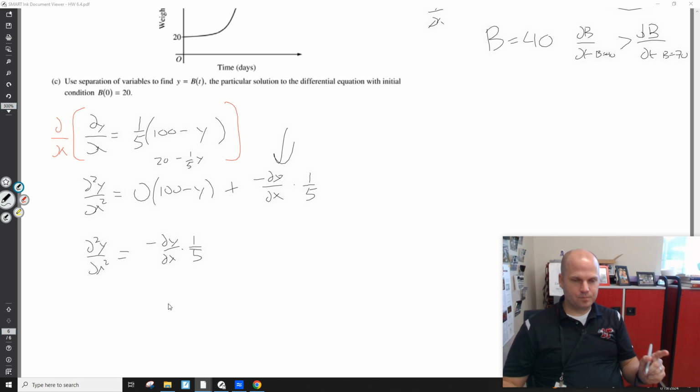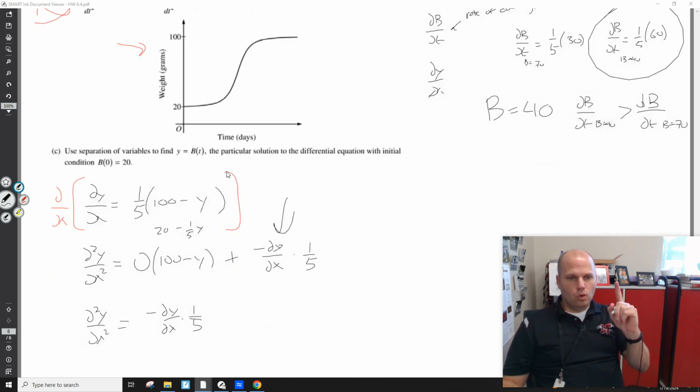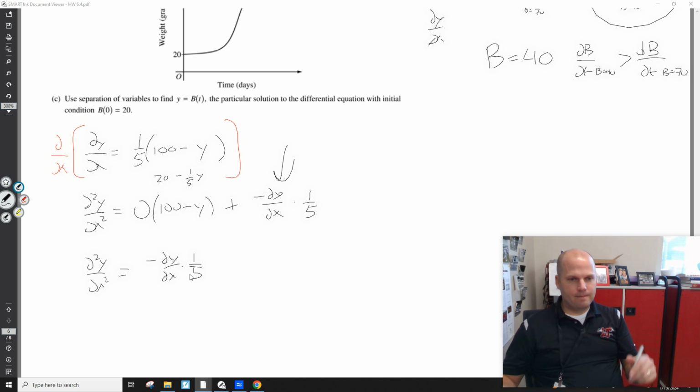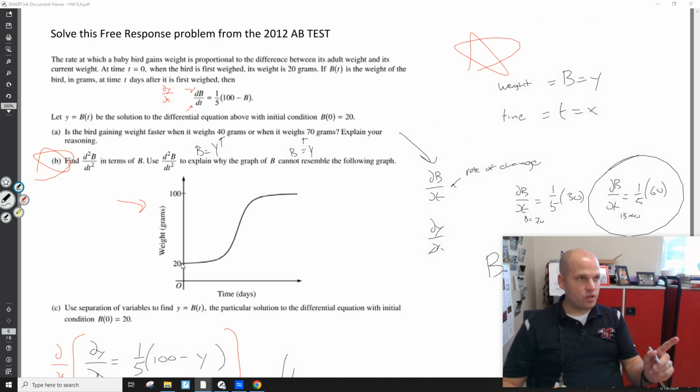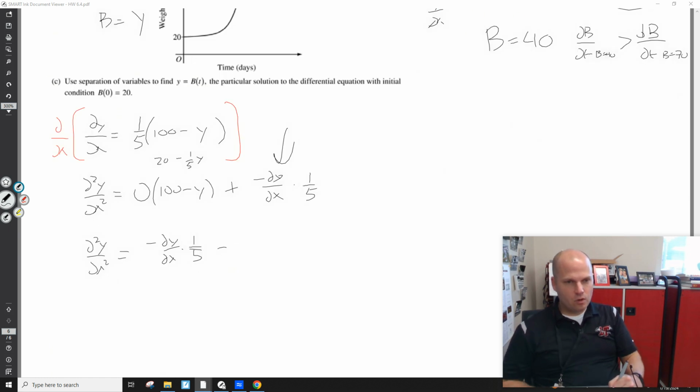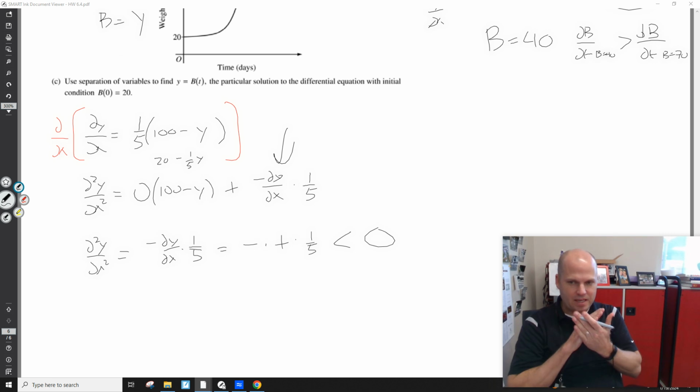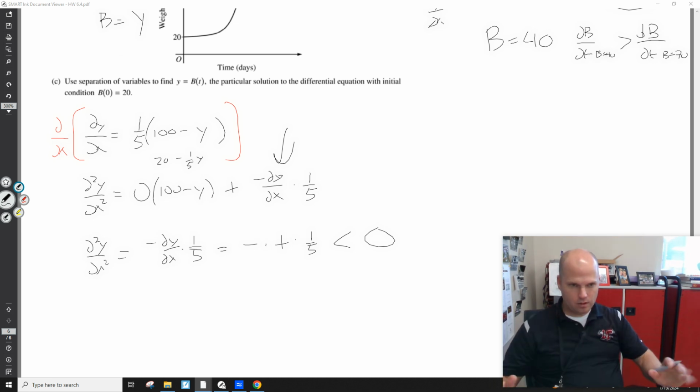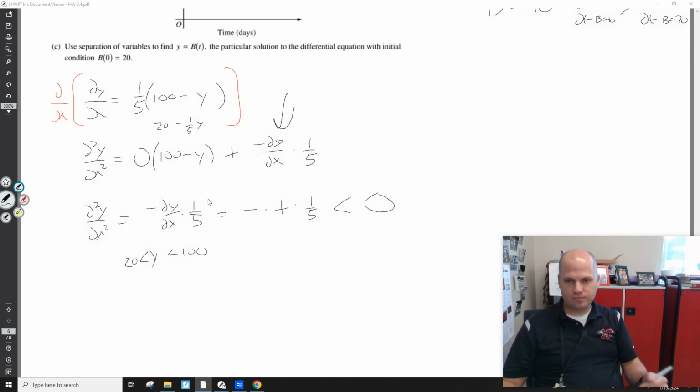Okay, now, what is this? Well, you can tell that for y, for b, between 20 and 100, dB dt or dy dx is positive. So we have a negative times a positive times 1/5. The second derivative is going to be negative everywhere, so long as y is between 20 and 100, which the graph looks like it is.